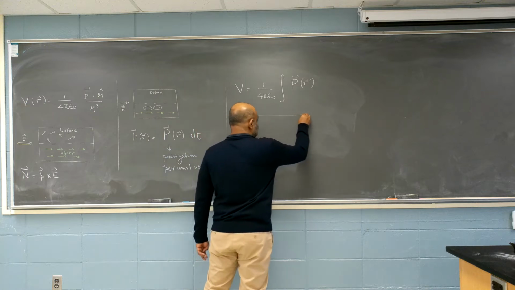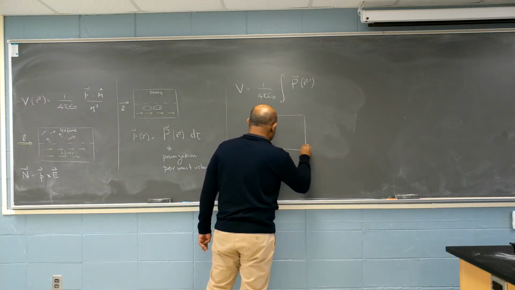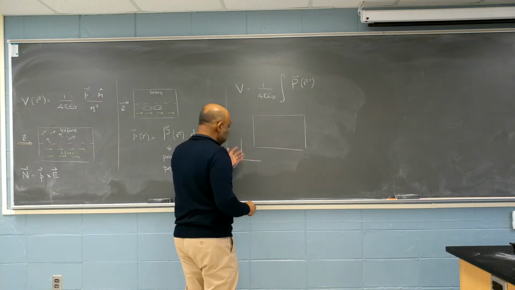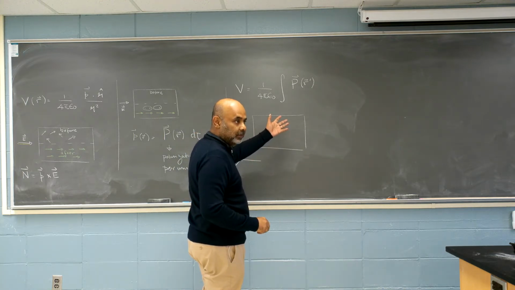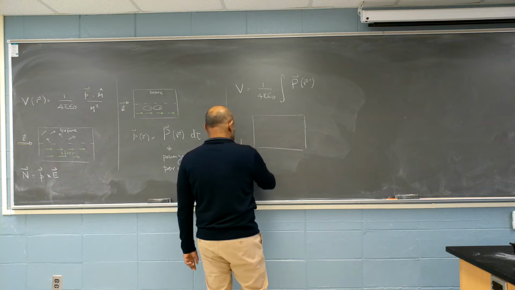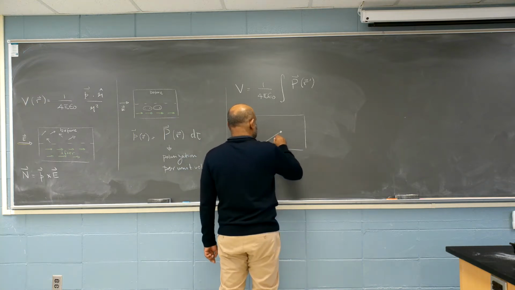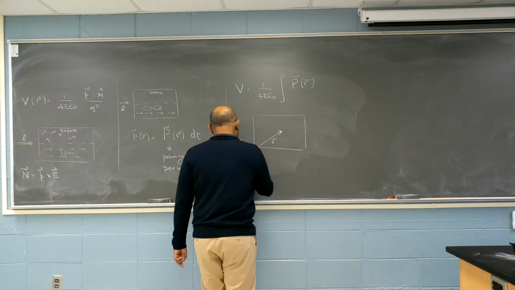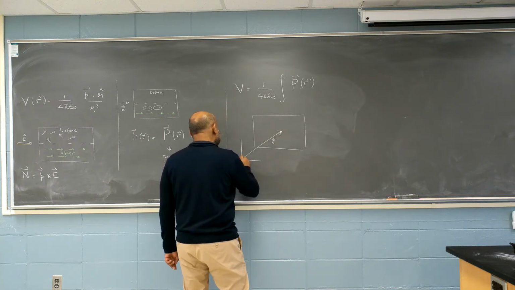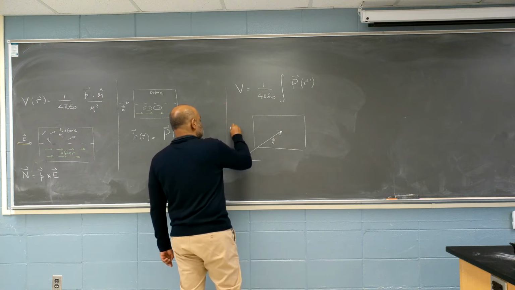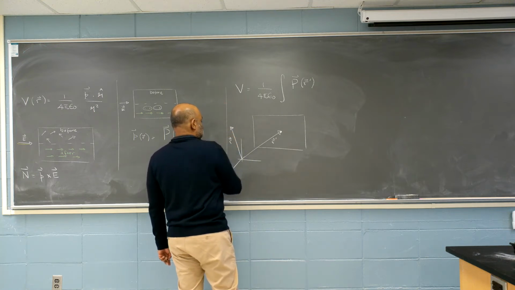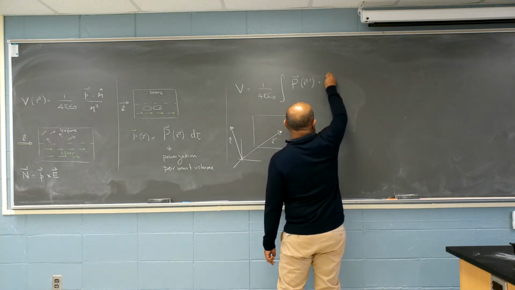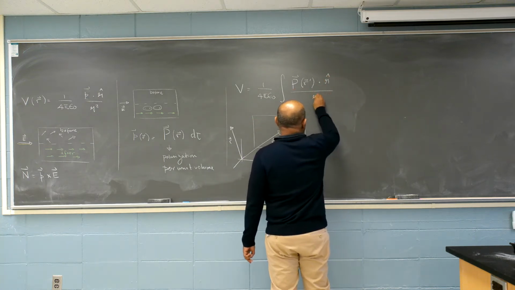So wherever there are polarization charges, I can place my coordinate system inside or outside. It doesn't really matter, right? So R prime. And I may be measuring the potential, again, inside or outside. Now I have to use the separation.